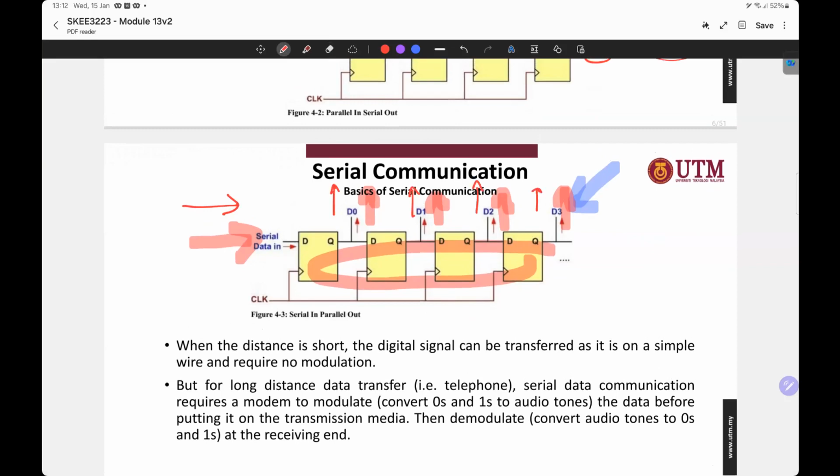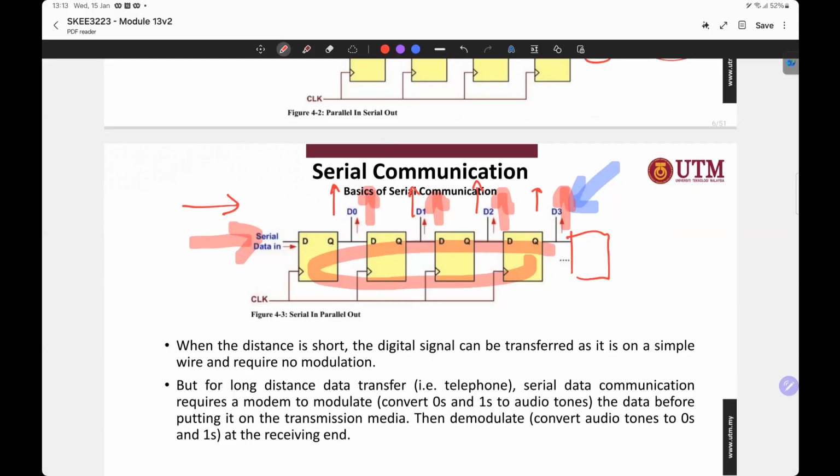But in this example, it's 4-bit data, because we have 4 D flip-flops. If you want 8-bit data, you need to add another 4 D flip-flops to make it 8-bit data, to merge back from the serial data to 8-bit data.